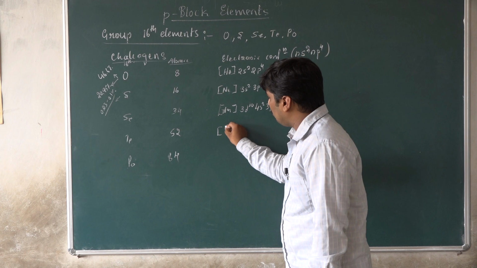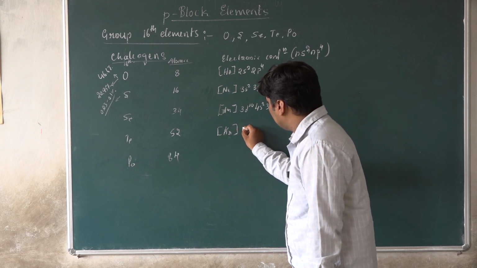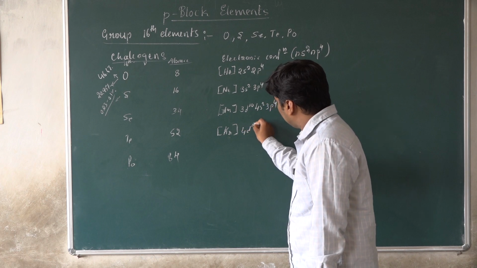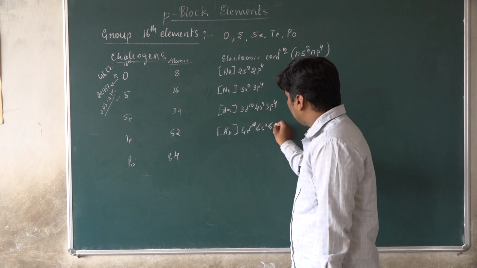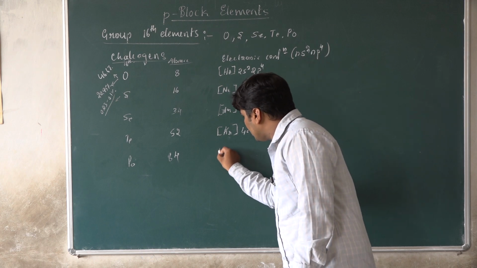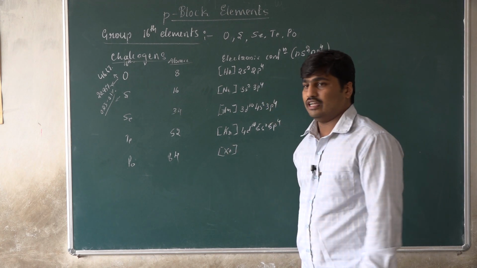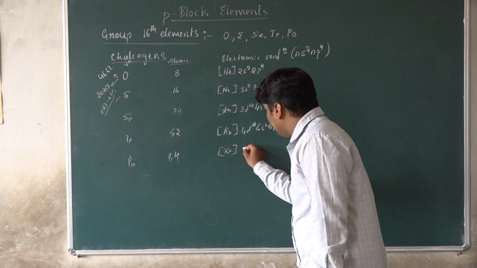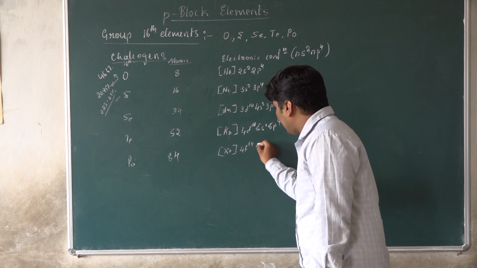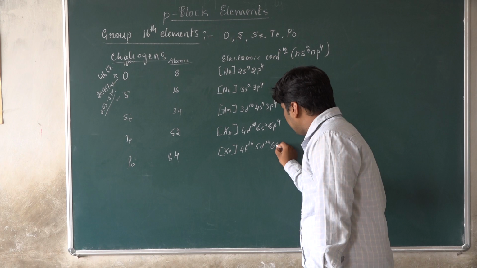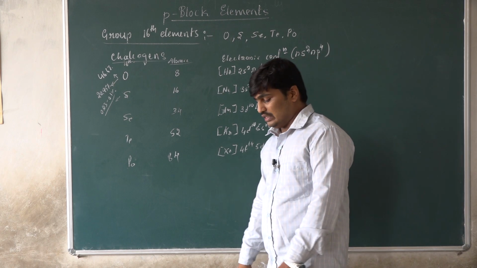Tellurium is krypton, noble gas core, then 4d10 5s2 5p4. Last one, polonium, is xenon core, 4f14 5d10 6s2 6p4. This is the electronic configuration of these elements.